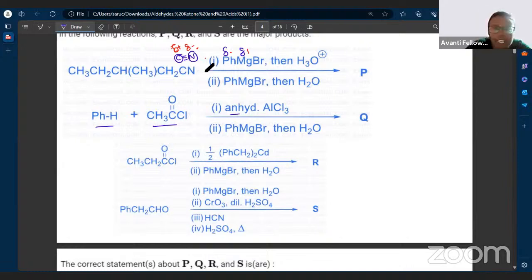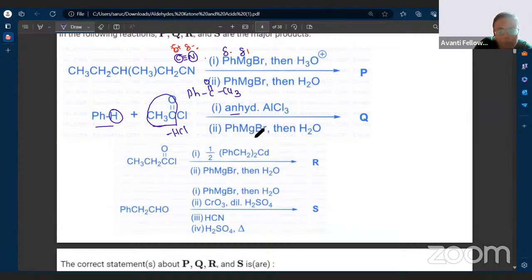Friedel-Crafts acylation. The CH3CO group is there, which acts as the electrophile here. Hydrogen will take up Cl and leave as HCl. So what you'll be getting here is PhCOCH3.